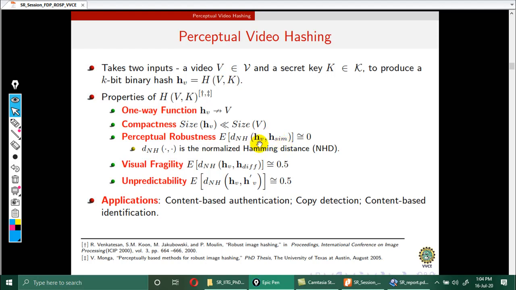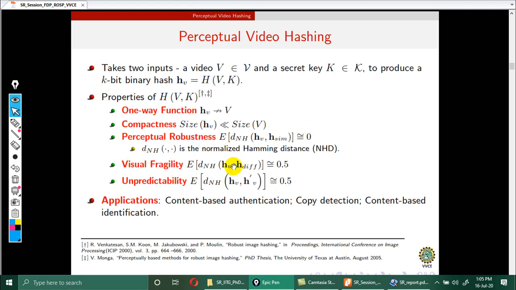If I measure the normalized Hamming distance between these hashes, then it should be close to 0. On an average, you take any number of near duplicate videos. When you measure the normalized Hamming distance among the hashes of the video and its near duplicates, it should be close to 0.